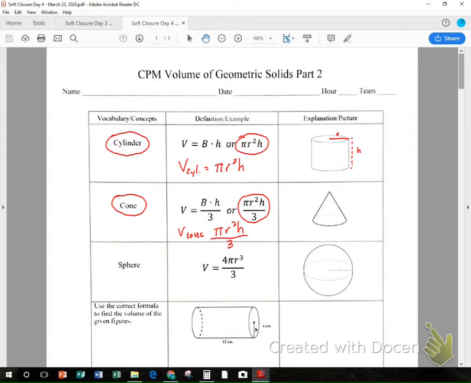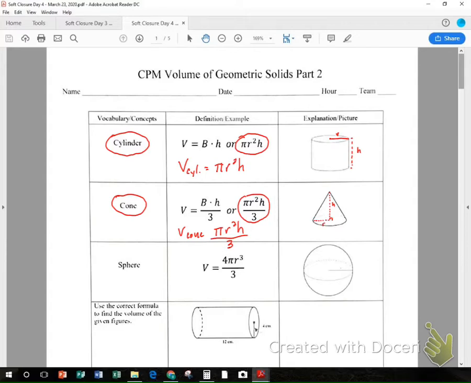Same deal on these. The height goes from the tip of the cone right down through the middle of it to the center of that circle, and you will see a right angle sign like that. That is the height. The radius is the distance from the center of that circular base out to the edge.